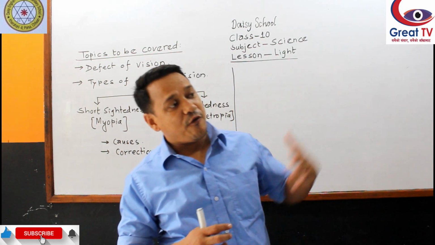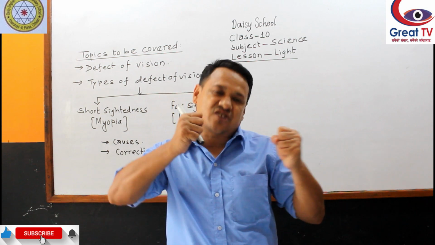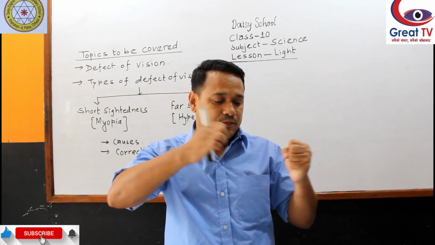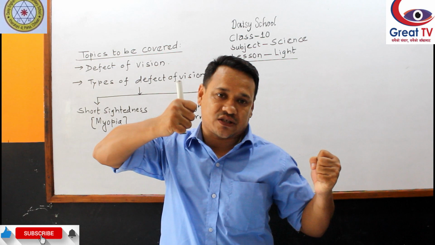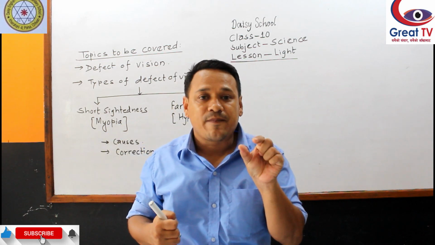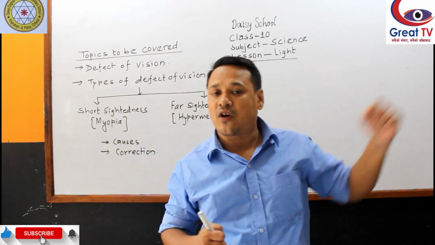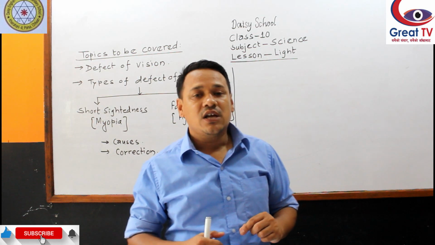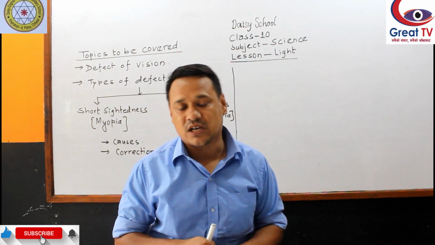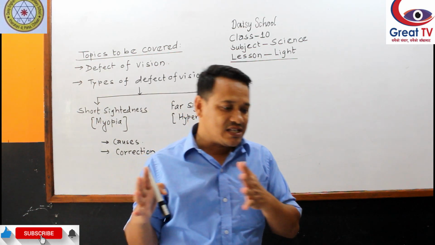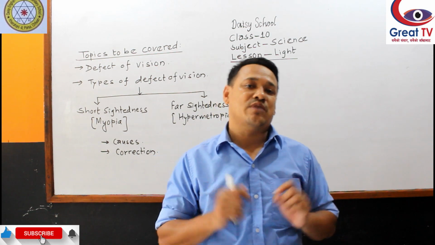And to see a far object, the ciliary muscle should contract, because of which the eye lens is stretched and becomes thin. A thin lens has a long focal length, because of which we can see the far object clearly. So to change this focal length, the ciliary muscle helps us.